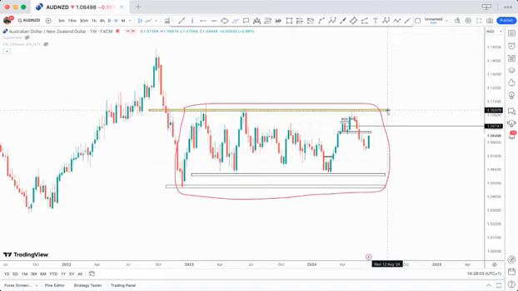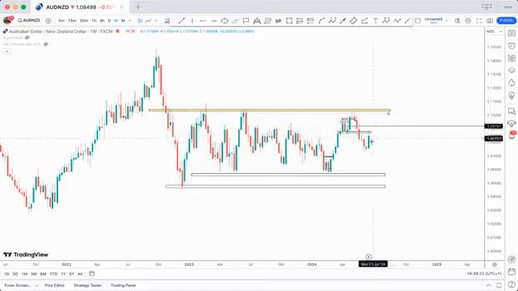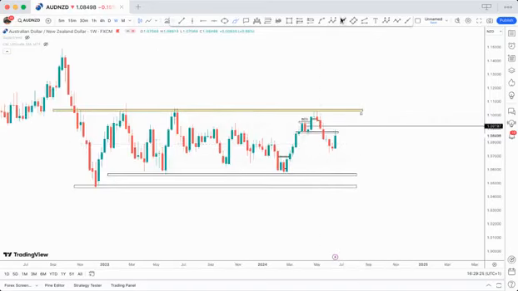So if you find a chopping market on your entry time frame, you have to stay out of that market, or probably be patient for the market to give you a very clear direction. So in this market, we have a ranging market, and you can see last week, which is this candle, was bullish, right? Last week got bullish.